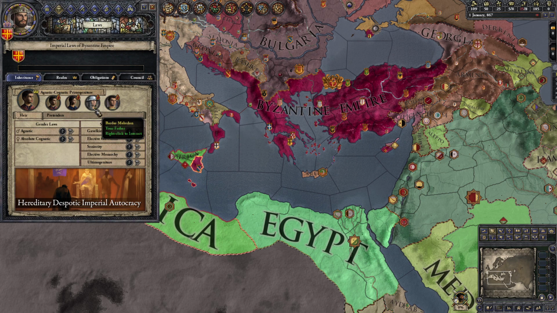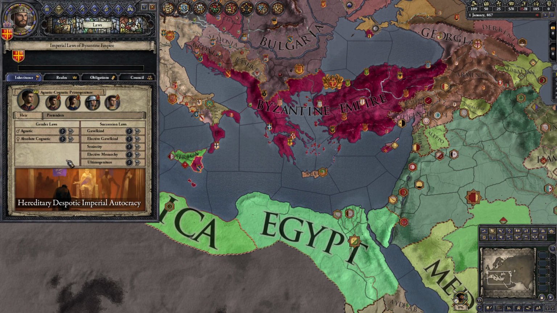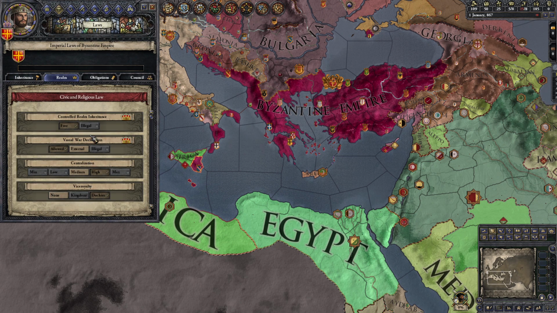However, should I have a single male, they will automatically inherit it over the woman. Ouch. And we now go check. Oh, pretenders are people who also have claims to the throne, which means if I die, they all get angry at this next guy saying, but I could have it. It could be mine. And they have to deal with that their whole life, either kill them or whatever.